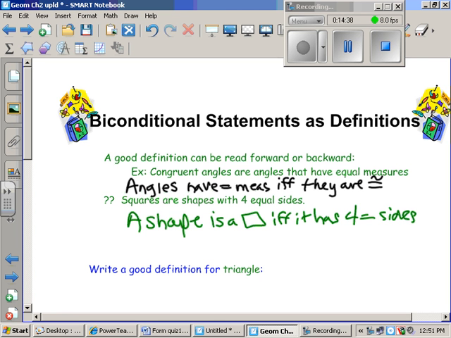Counterexample? I'm sorry? Again, not 4 equal sides, but I think you're thinking of the right thing. A rhombus? Yeah, a rhombus. So a rhombus would make that false.